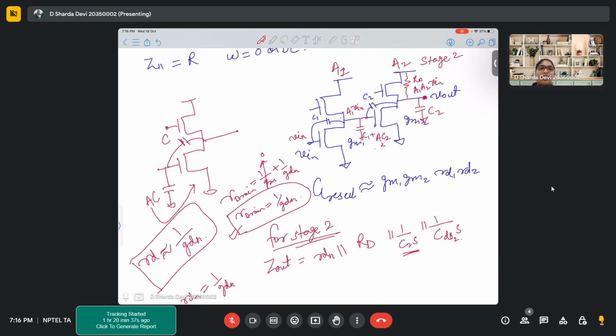All capacitors are internal except the load capacitor, and if there is a certain bypass capacitor at the input, that would be there. But in between the circuit, whatever capacitors you see are internal capacitors. So you cannot put the coupling.